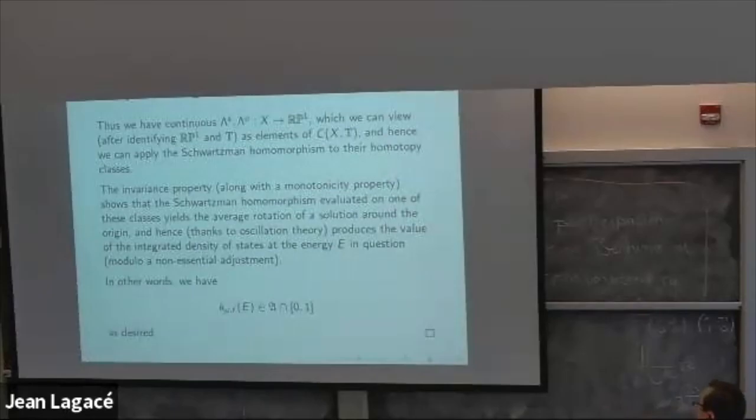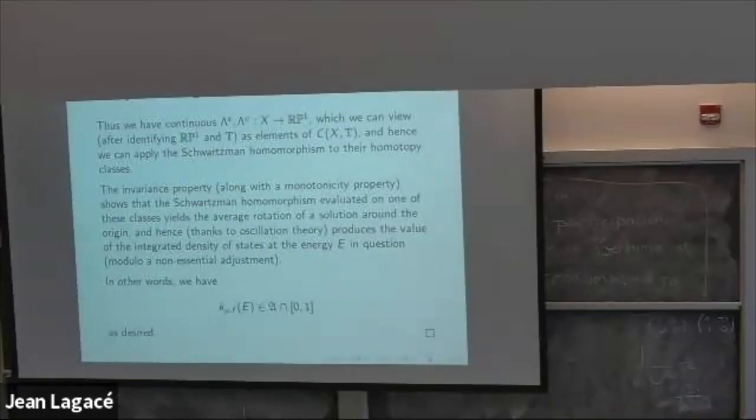All right, so that's it. So oscillation theory connects this rotation of solutions to eigenvalue counting. This 1 minus K of E energy inversion is non-essential, and therefore we can conclude that K of E actually is in the Schwartzman group. That's it. So again, the short version of the proof is Johnson tells you outside the spectrum you have these continuous sections.